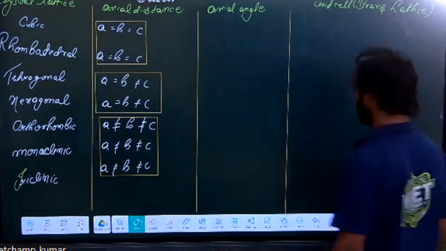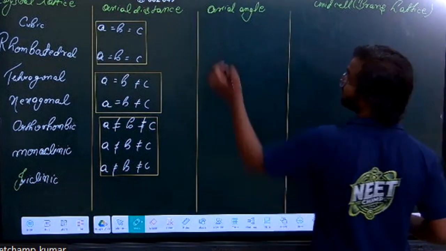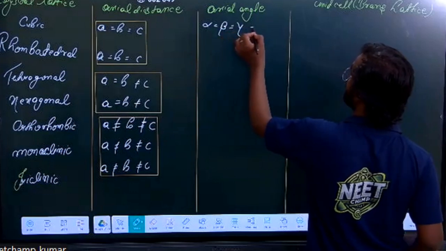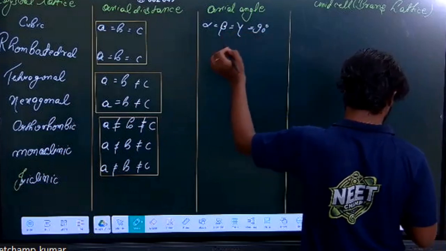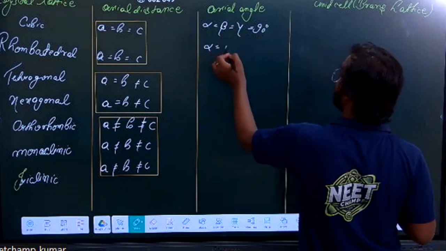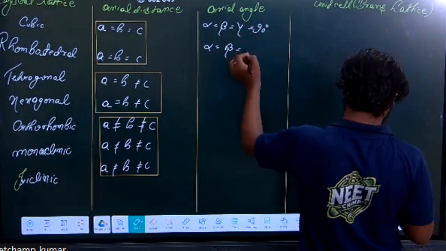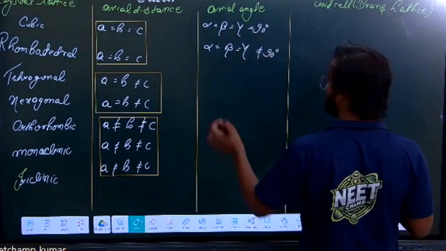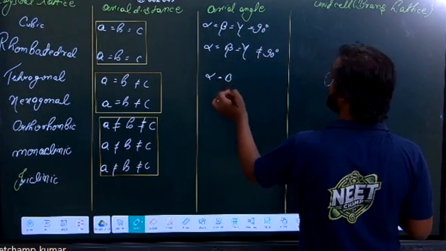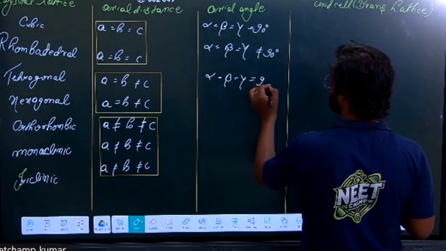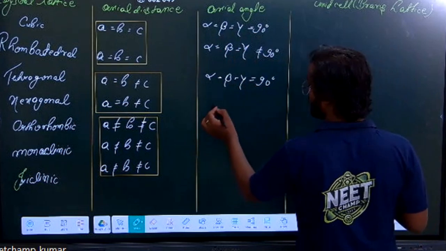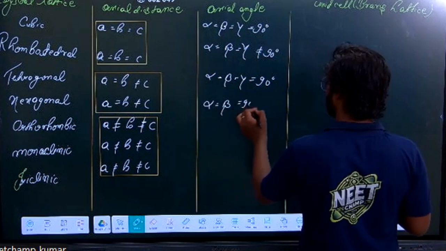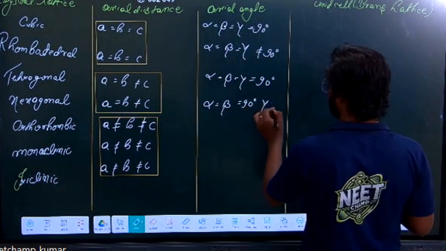Second is axial angles. For this also we have a pattern: alpha equal to beta equal to gamma equal to 90. All are 90, that we have seen also. Alpha equal to beta equal to gamma, but not equal to 90. Then again alpha equal to beta equal to gamma equal to 90. Then alpha equal to beta equal to 90, but gamma equal to 120.